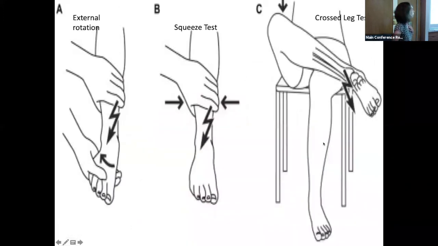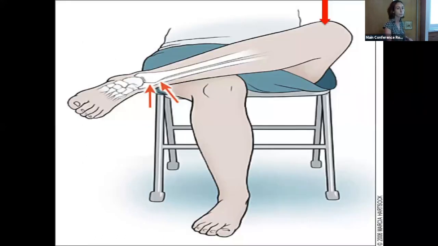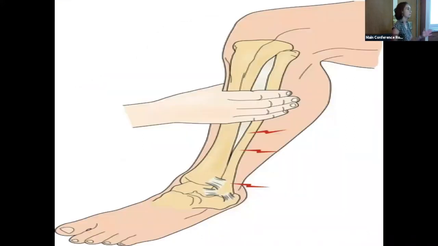The way you can diagnose it on physical exam is with two major tests, the squeeze test and the cross-leg test. For the cross-leg test, you put the affected leg over the opposite knee and apply a medial force. The squeeze test is basically you're squeezing the calf, squeezing the tibia and the fibula together.